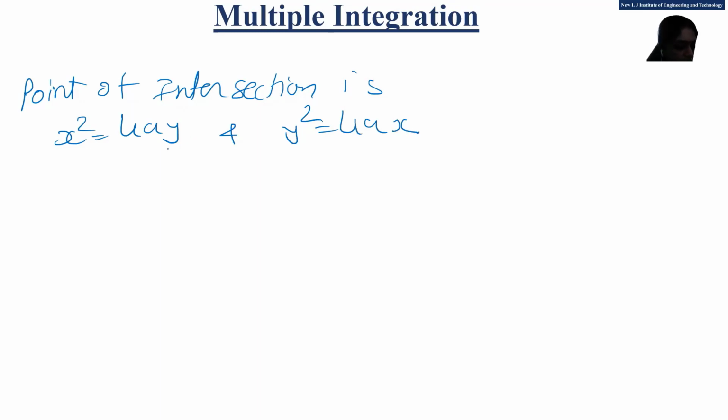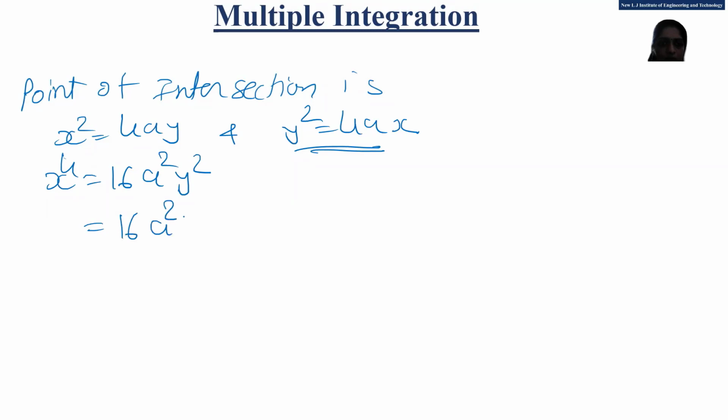If I take a square on both sides, then x raised to 4 is 16 a square y square. If I substitute the value of y square in this equation, then 16 a square into 4ax. This is x raised to 4, right? So x raised to 4 is equal to 64 a cube x.